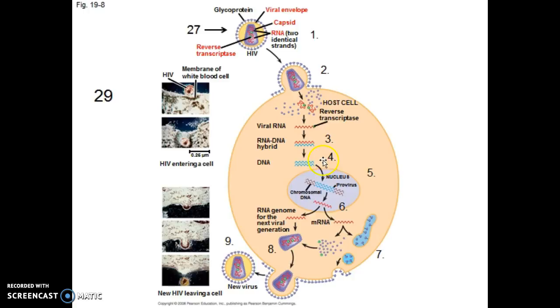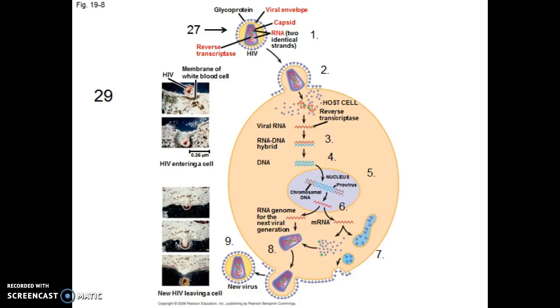So step 4, we see a double-stranded DNA now, whereas before we only saw a single strand of RNA bound to a single strand of DNA. So how do the viral cells get a double strand of DNA? Reverse transcriptase, once again, uses this time the blue strand from right here to create a complementary strand right here.